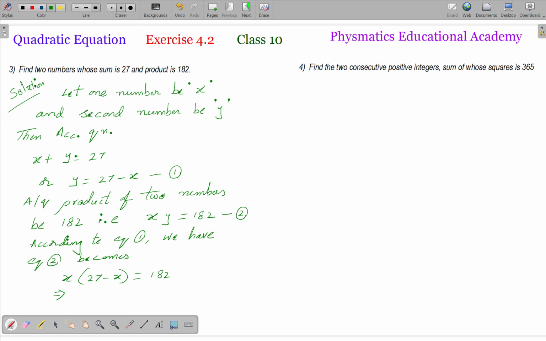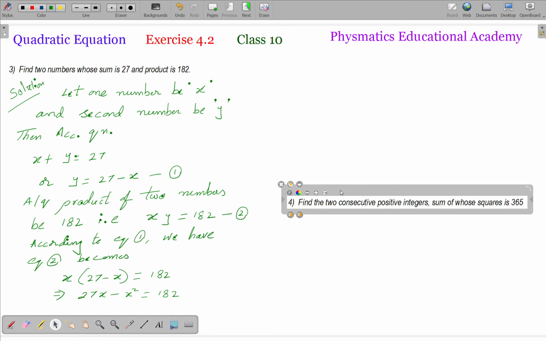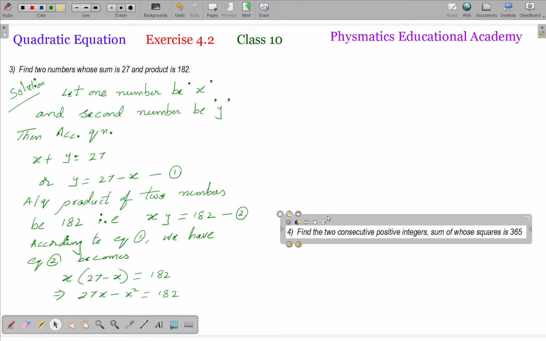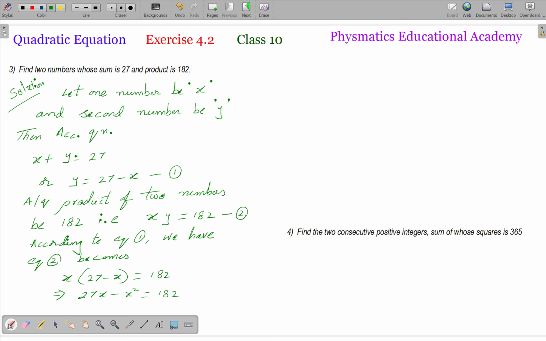And further simplification, 27x minus x square is equal to 182. Now 27 into x minus x square is equal to 182.